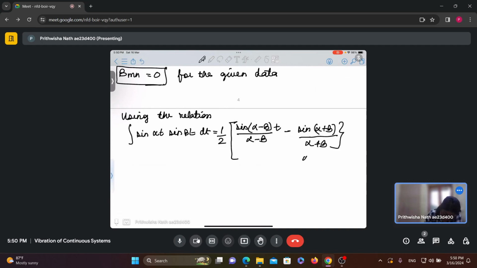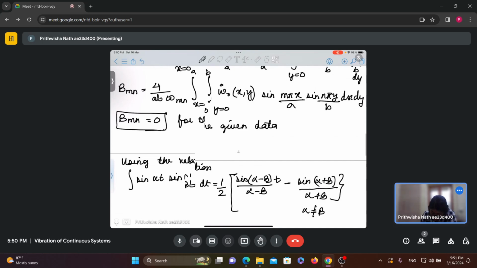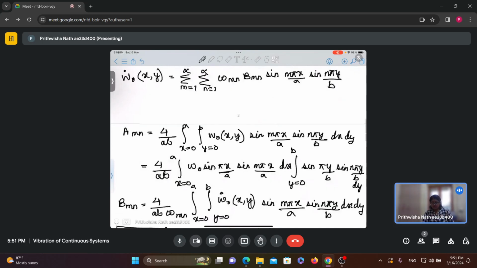Here alpha is not equal to beta. So for solving A_mn we can use this relation.